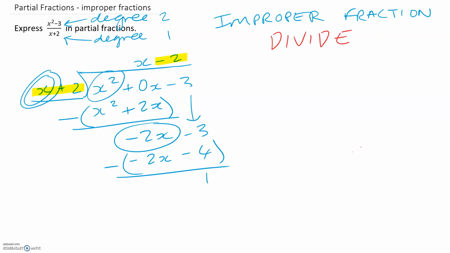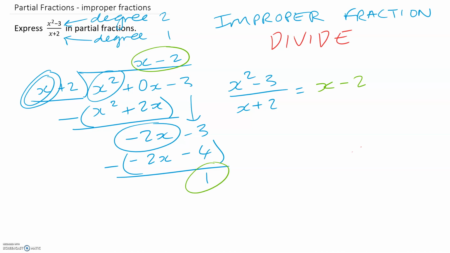So what we've realized there is that when you have x squared minus 3 divided by x plus 2, the answer is x minus 2, and the remainder is plus 1.